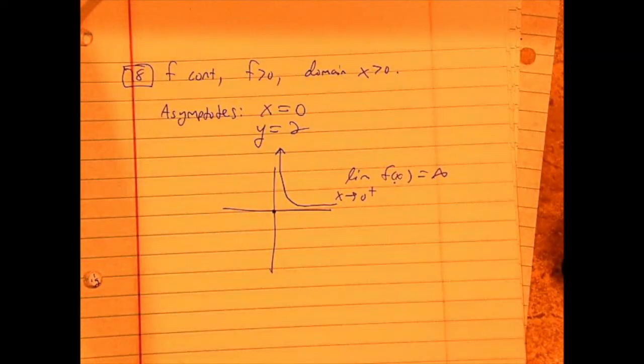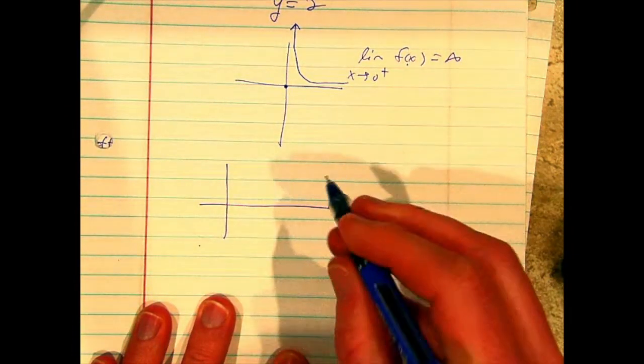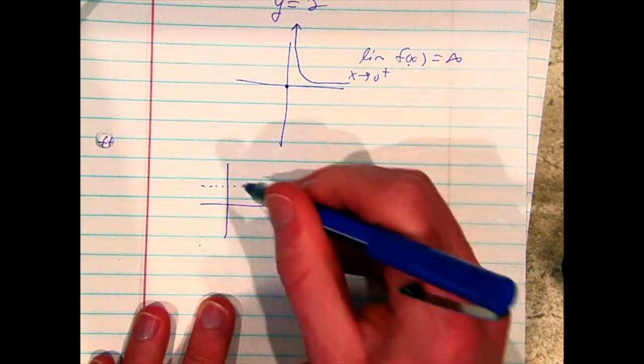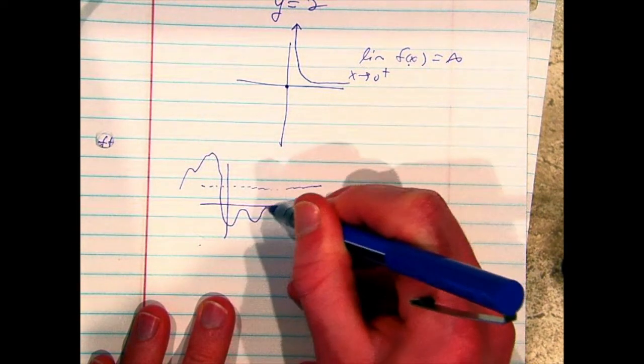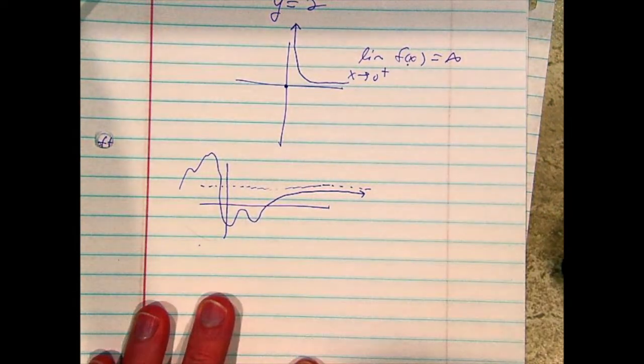Well, horizontal asymptotes are associated with limits at infinity. And the explanation for that is, if you have a function and some horizontal asymptote, like let's say it's doing something crazy here, but then gradually it just approaches this horizontal asymptote.